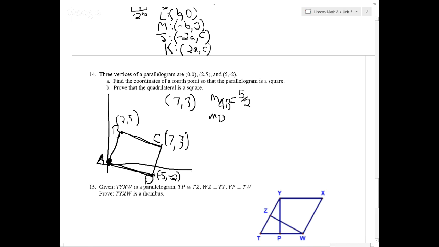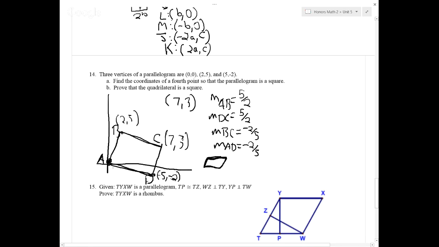We know the slope from D to C goes up 5 over 2. The slope from B to C went down 2, 5 to the right. The slope from A to D went down 2, 5 to the right. So because opposite sides are parallel, because they have the same slope, we know it's a parallelogram. It's a terrible parallelogram.